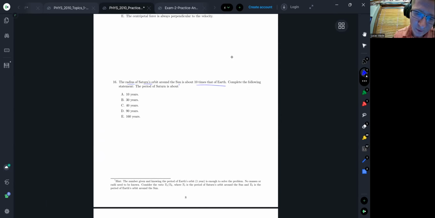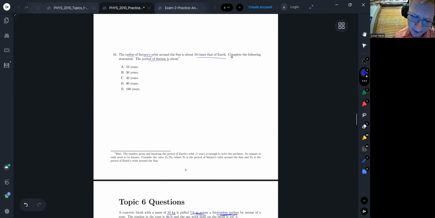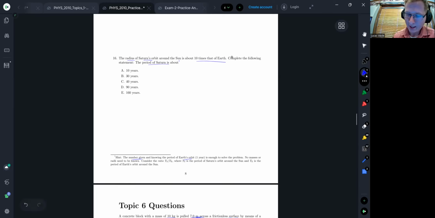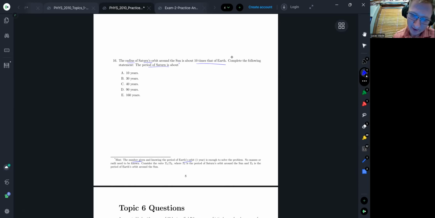So we want to find the period of Saturn. The footnote here is a hint I gave you saying that the number given, meaning 10 times that of the Earth part, and knowing the period of Earth's orbit around the sun, which is a year, is enough to solve this problem. We don't need to know anything else. And that's what I think is kind of neat about this.